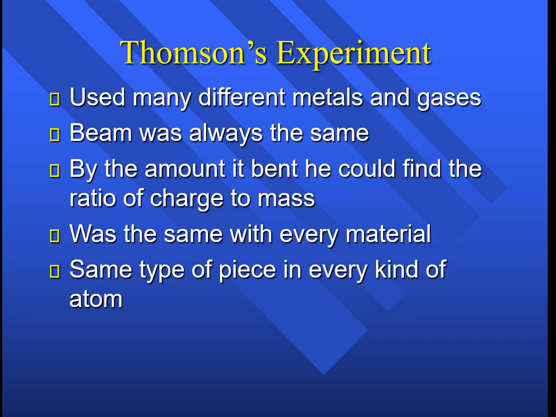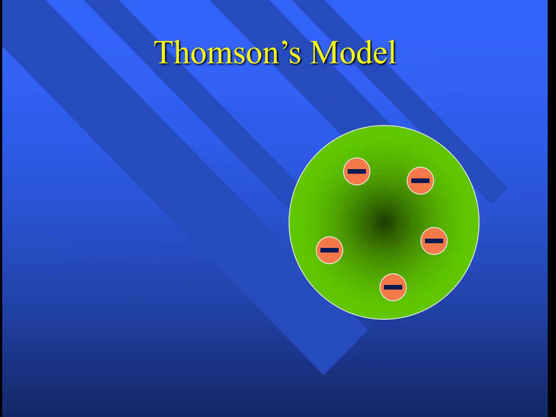I was trying to figure out how this cathode ray worked, and the only thing that explains it is little particles with a negative charge. So he found those little particles with a negative charge, and that little particle with a negative charge we call the electron.